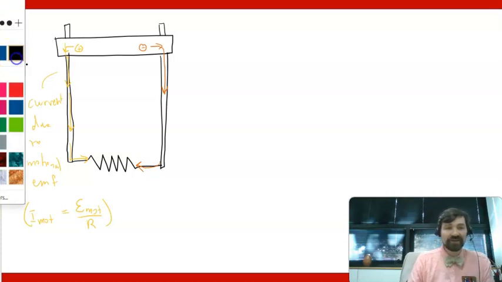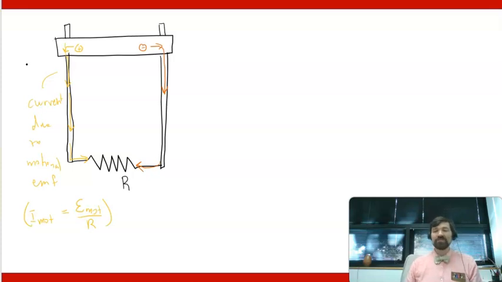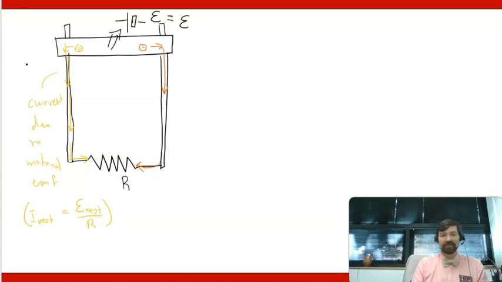Given that this is an algebra-based class, we'll assume that there's some element in here that has a large enough resistance that the changing resistance from the tracks getting effectively shorter in the circuit is negligible. Okay, but I do have a complete circuit. This thing right here is sort of like my battery source for this circuit. And the EMF for the battery is the motional EMF, V times B times L times sine theta. Okay, so now I've got current flowing.